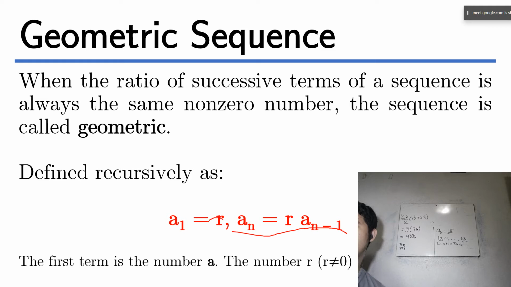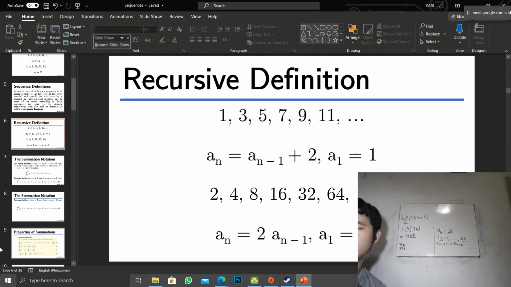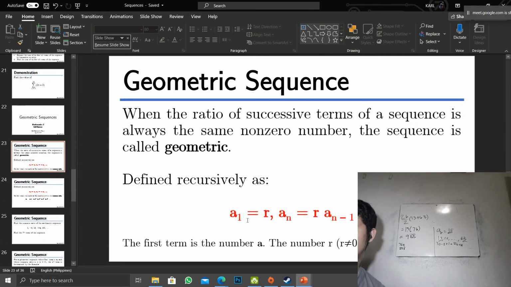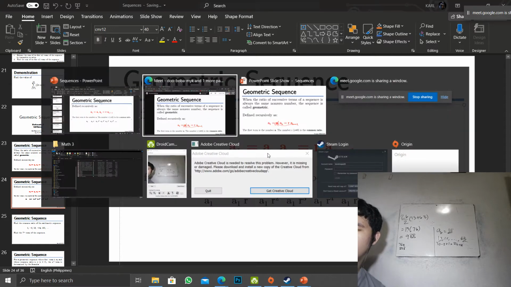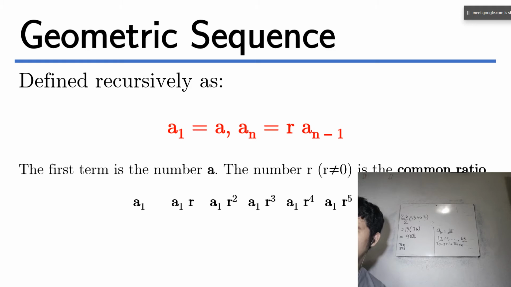A sub 1 equals A dapat to, no? A sub 1 equals A. Sorry. A sub 1 equals A. Let me change that na. Then, tandaan nyo, bawal 0 yung common ratio.